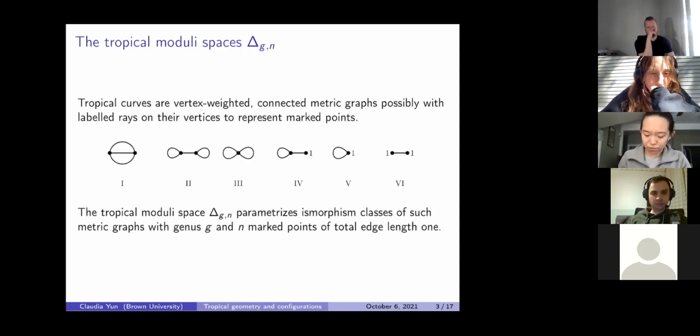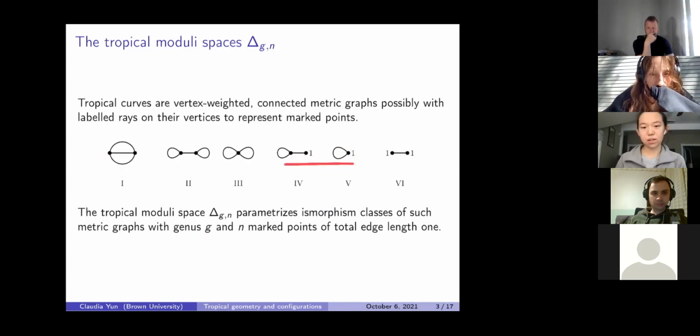And how we define the genus of a tropical curve is by first looking at the genus of the graph itself. And so that's the first Betti number of the graph. And then we're going to add to that first Betti number the total number of vertex weights. And so if you look at all these tropical curves I've listed here, they all have genus 2, because these 3, they have first Betti number 2, and they have no vertex weight.